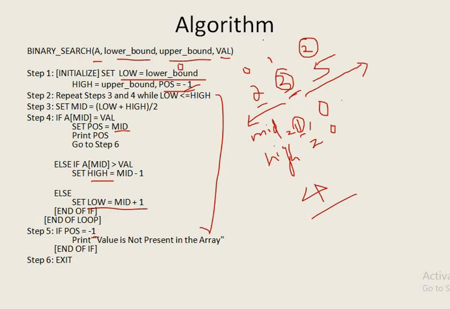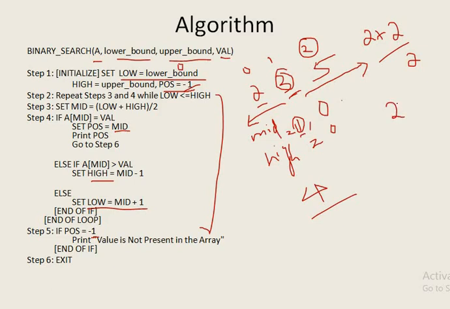The mid value here was 1, and now the low value will become mid plus 1, that is 1 plus 1, 2. So both the values of high and low are 2. Now again if we calculate the value of mid, we will get (2 plus 2) by 2, that is 4 by 2, 2 itself.